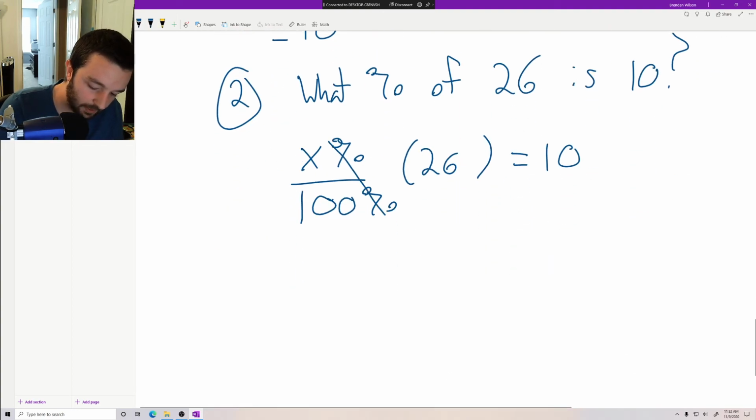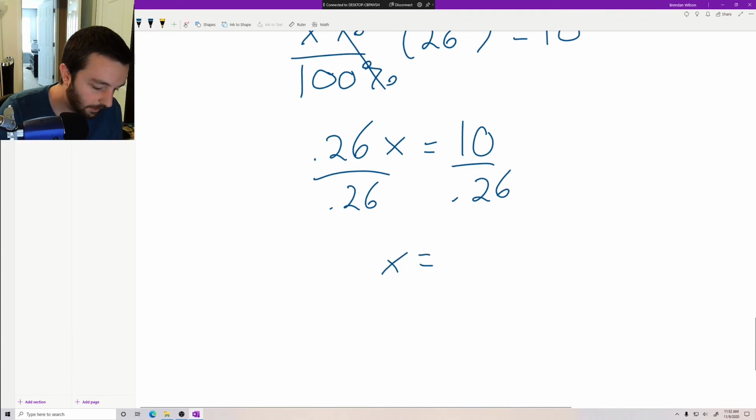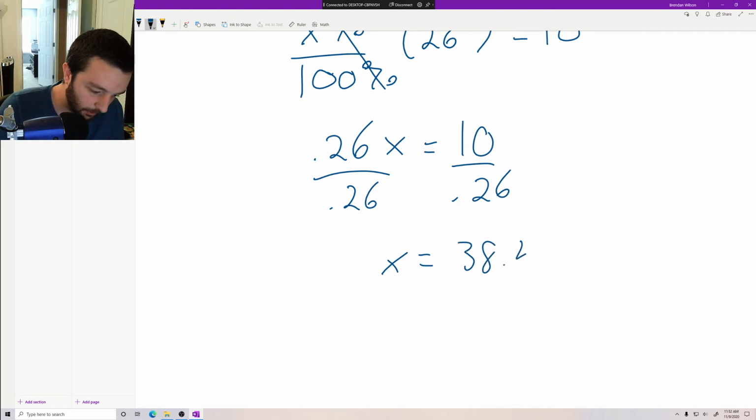So we have a nice equation for this. We can forget about the percents because they're canceling out here. If we instead do the 26 divided by 100, because the order doesn't actually matter here, then this is going to be 0.26 times x equals 10. And then we can just divide both sides by 0.26. So we do 10 divided by 0.26, and we get 38.46.